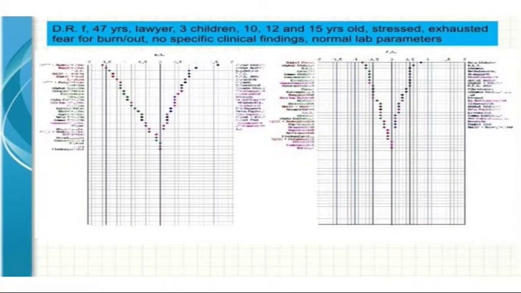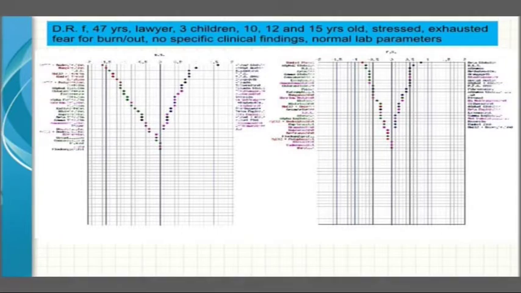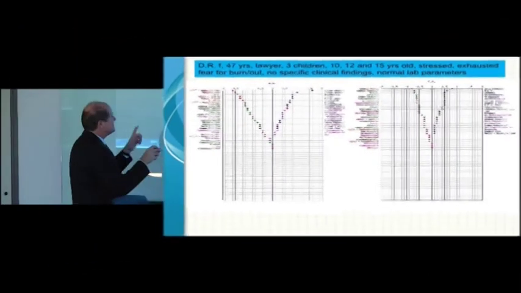So, for instance, here a 47-year-old mother, a lawyer, very stressed by the job, 3 children, 10, 12, 15 years old, feels exhausted, fears burnout. She comes and says, what can I do? You have a basically normal lab. This is her chart, and this is interesting.